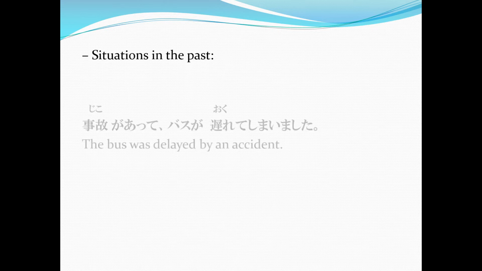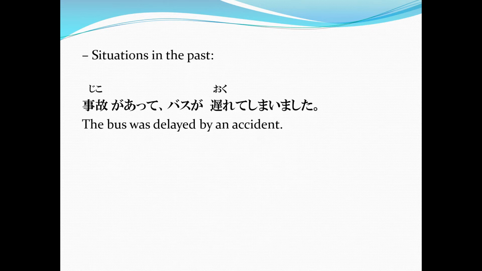Now, the de sentence pattern can also be used for narrating situations in the past. Example, 事故があってバスが遅れてしまいました。Or the bus was delayed by an accident.